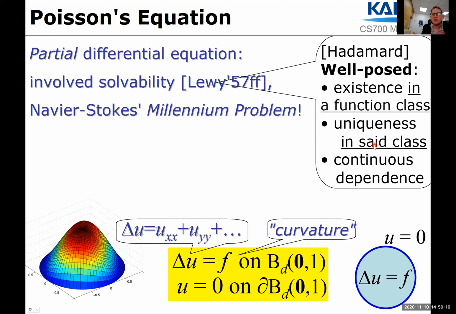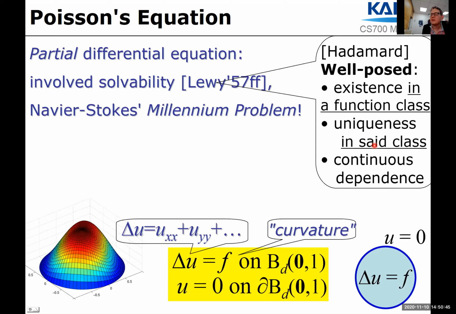And in a sense, the art of partial differential equations as a pure mathematical discipline is to find the proper function class such that in this function class, the solution exists and is unique and depends continuously with respect to the metric with which we equip the function class.